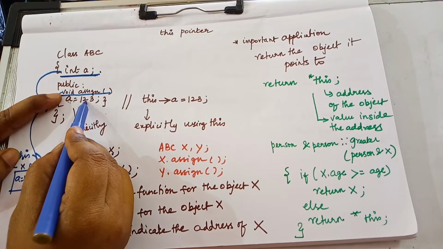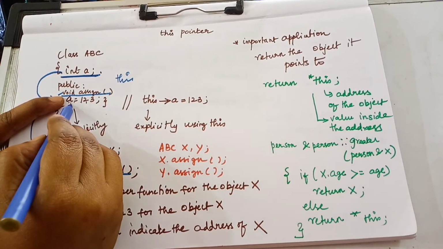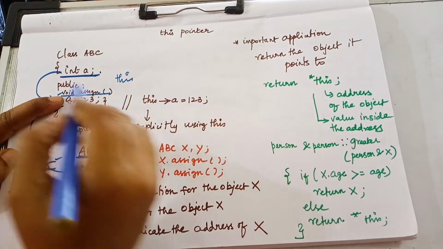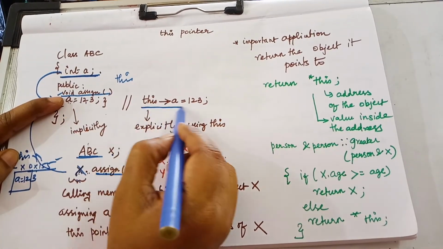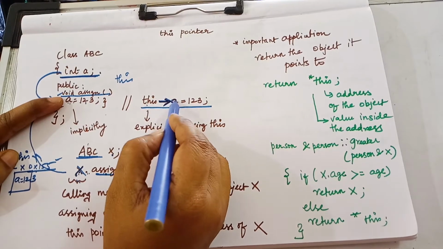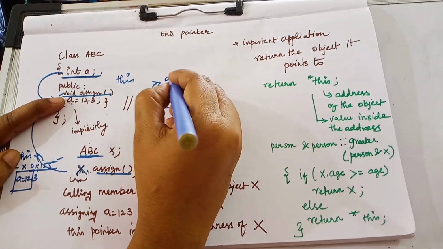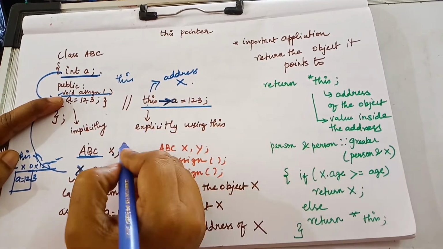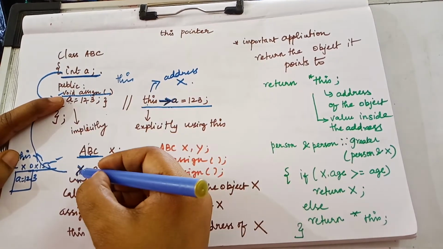Here we are not using the keyword this, correct? But implicitly we are giving this statement. If you want to give it explicitly, you can use this syntax: this arrow a equals 123. So this represents the address of x, because you are calling this member function for the object x.